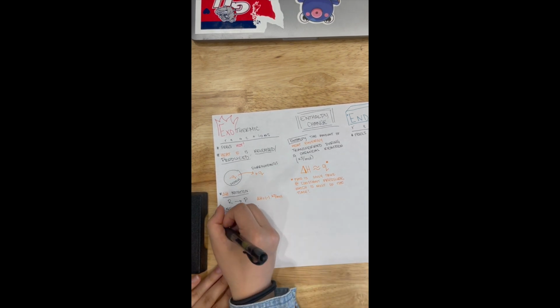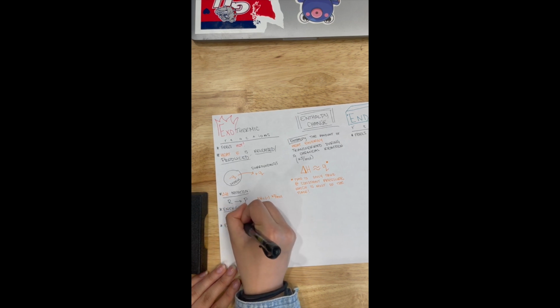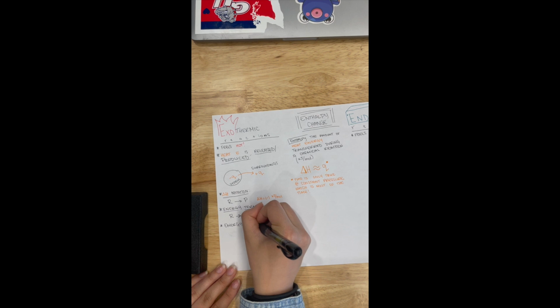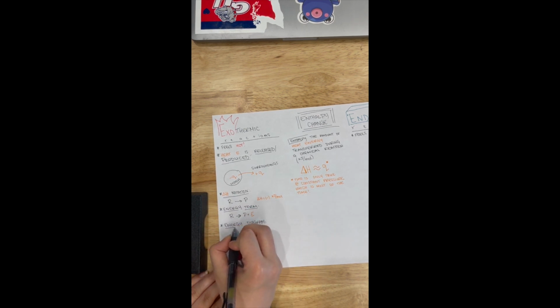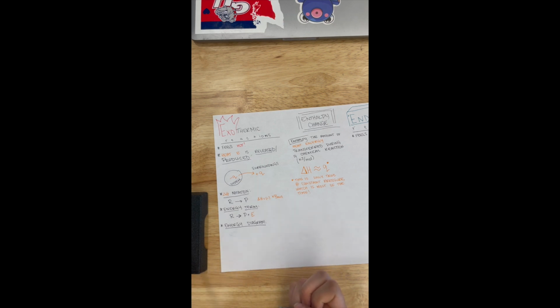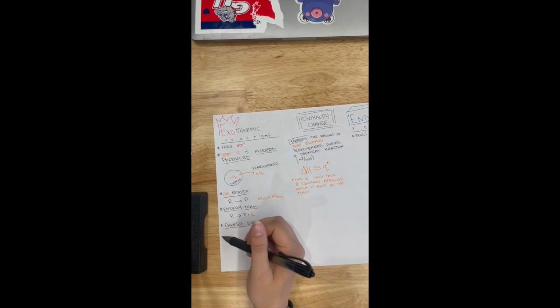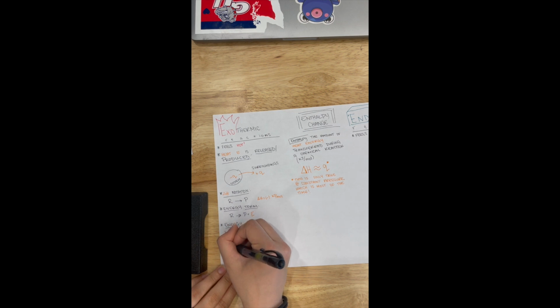Now, the last piece of the puzzle here is the energy diagram. And the energy diagram is something that you got a little bit of last class. You had to practice labeling the axes, drawing that energy diagram. So there's some key pieces that I'm going to point out for us today.